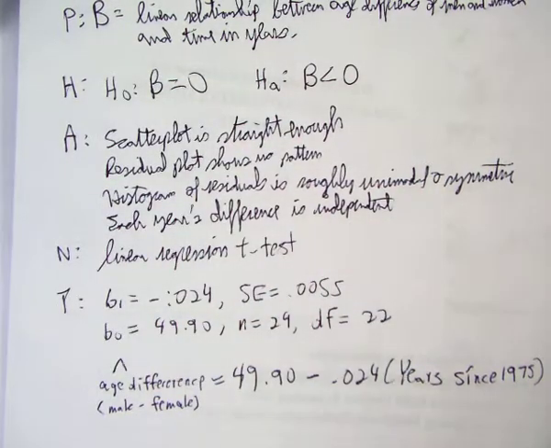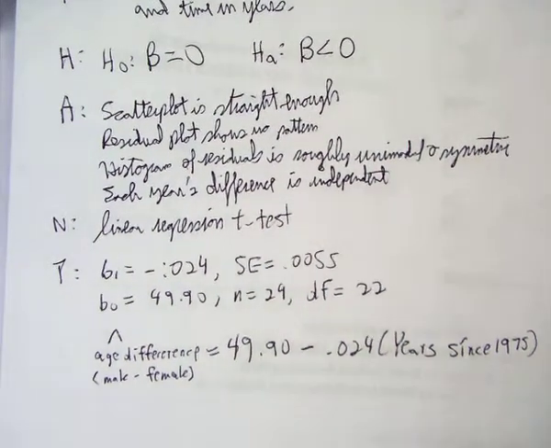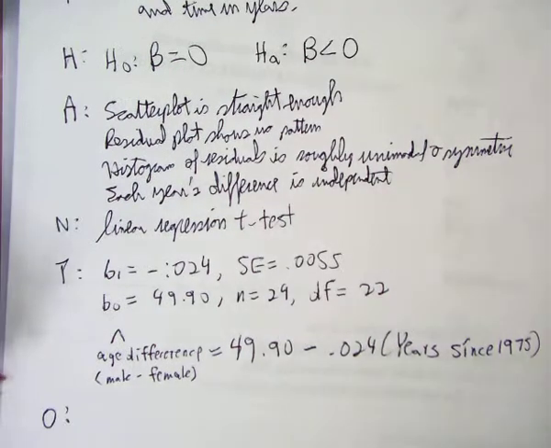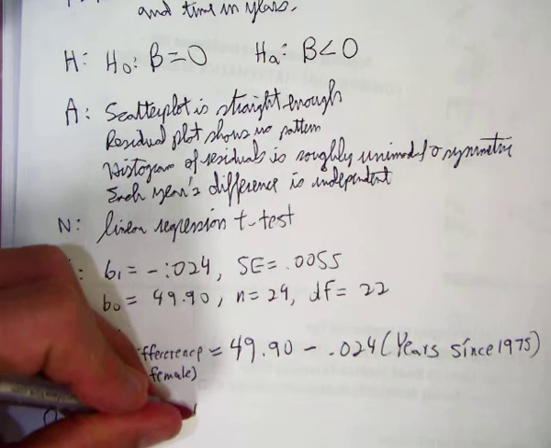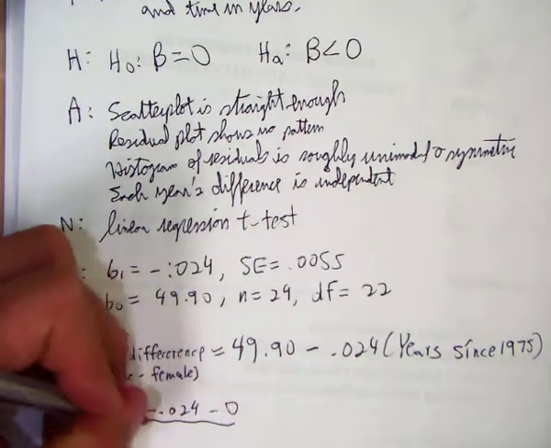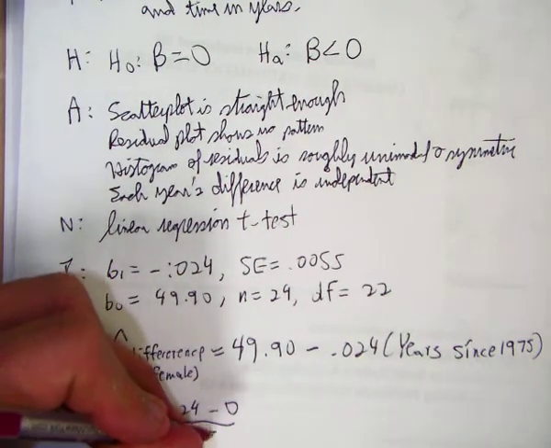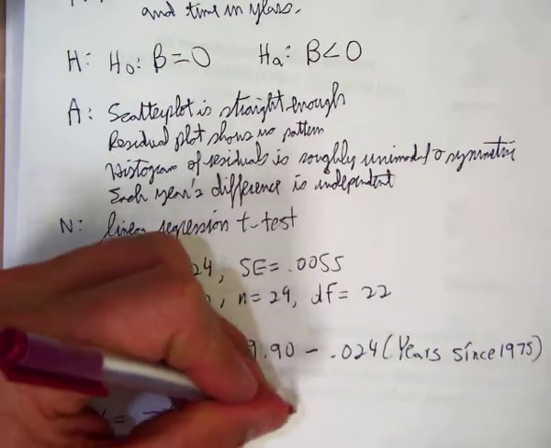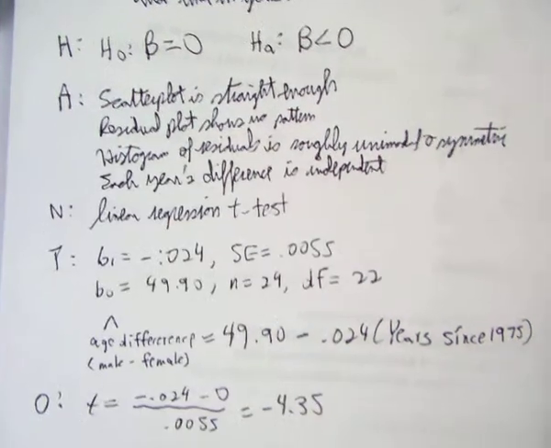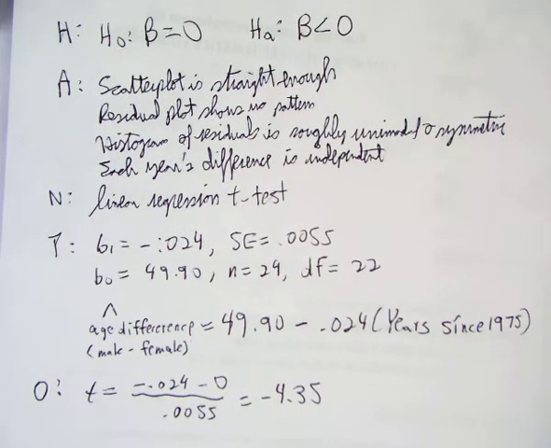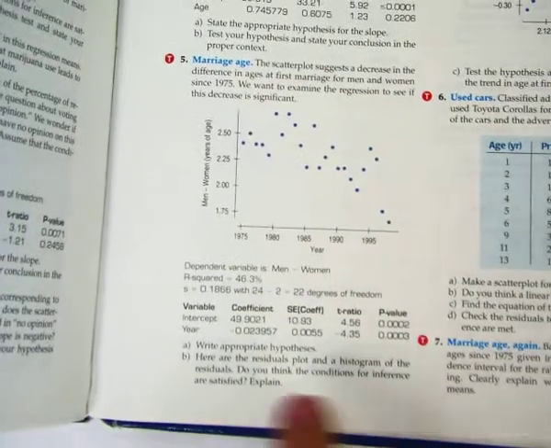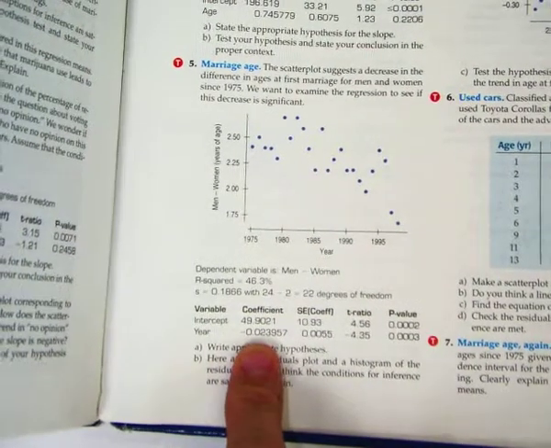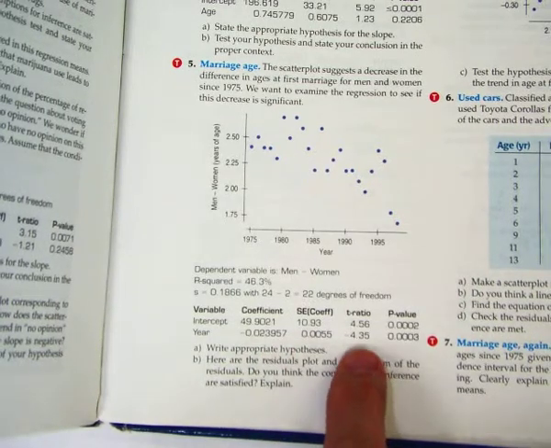So that's what our equation looks like. Obtain P. t equals b sub 1, negative 0.024, minus big B over the standard error. And we already know what the t is. It's negative 4.35, given in our table. So there's b sub 1, there's standard error, there's our t-value, and there's our big p-value.